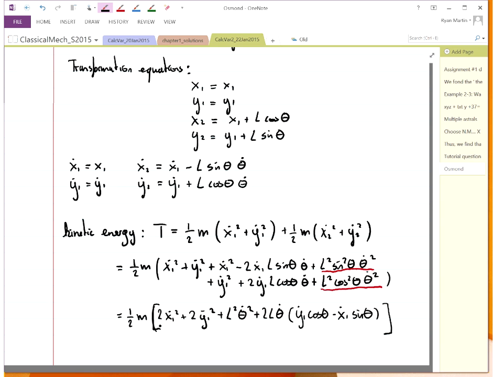Let me also make a comment. Well, actually, are there any questions about problem 1.2? You have to be a little bit more creative because you have to choose the degrees of freedom yourself. Okay, let me make a comment about problem 1.7.